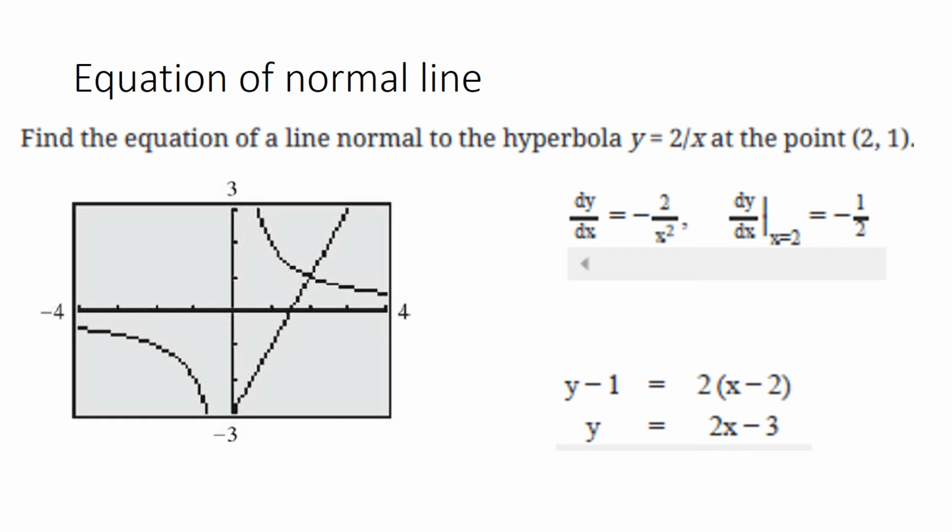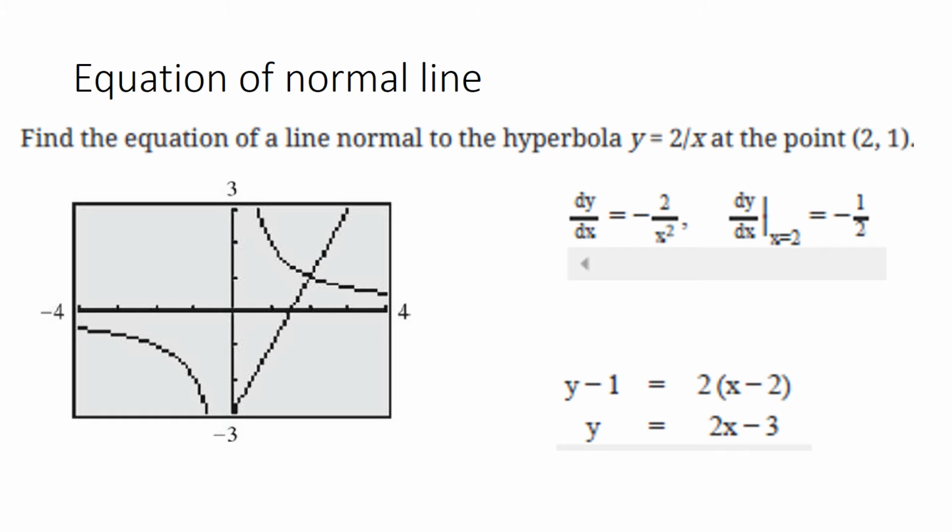So once again, just like for tangents, we take the first derivative, and remember, since y equals 2 divided by x, that's really the same thing as saying y equals 2 times x to the -1 power. So that makes finding its derivative easy. The derivative is negative 2 over x squared, really negative 2 times x to the negative 2 power, if that makes it easier for you to solve the derivative.